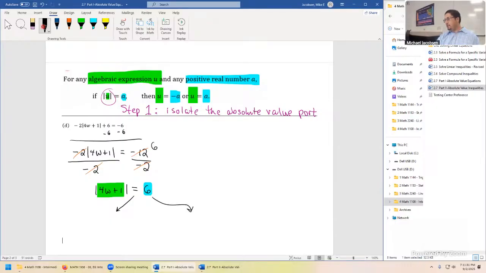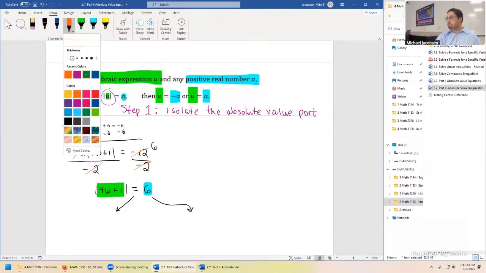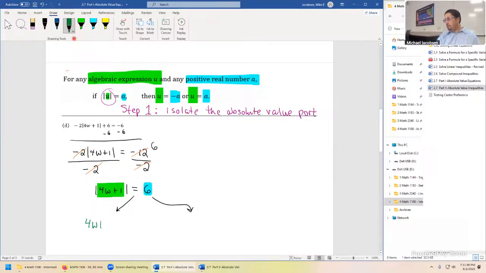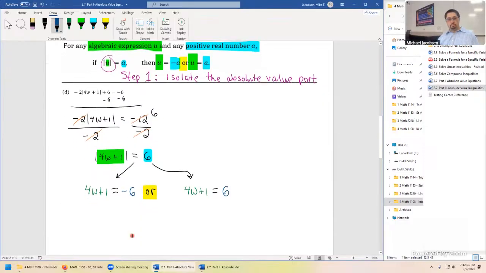So here's the split-them-up step. 4w plus 1 is equal to, I usually put in my negative number first, but that's totally up to you, let me put in negative 6, or, our ors match up in this way, 4w plus 1 equals positive 6. So not too bad. We exchanged a pretty tough-looking absolute value equation, isolated it, then it splits into 2. It's like a hydra.